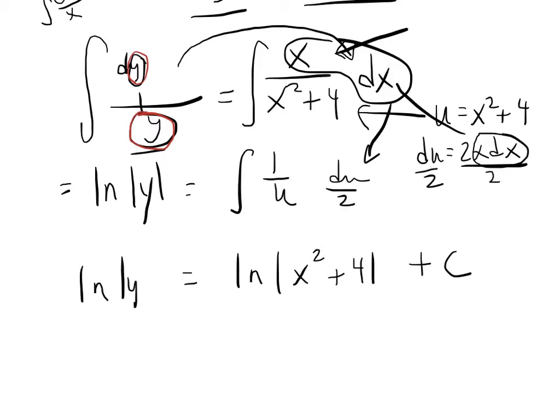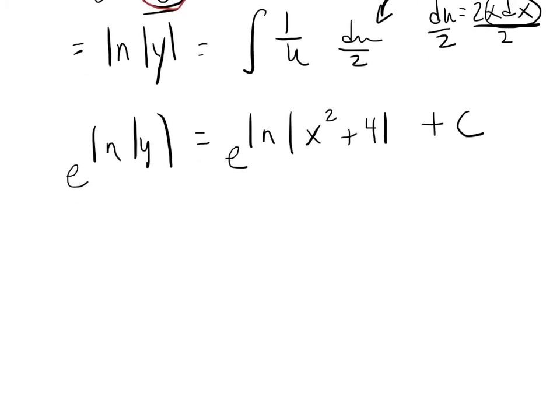The last step in solving this kind of problem is to get y by itself. How are we going to get y by itself? The only way to get y by itself is to raise both sides by e. So e to the ln of something. That gets rid of the ln.